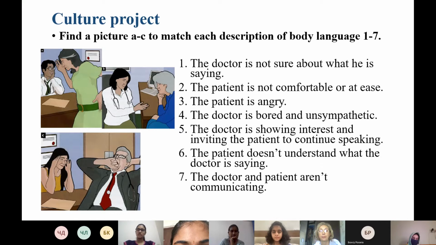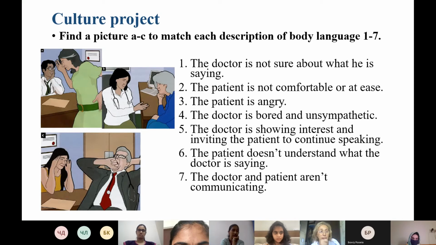The doctor is not sure. Maybe B, ma'am. Sure about what? Do you all think that this is picture B?